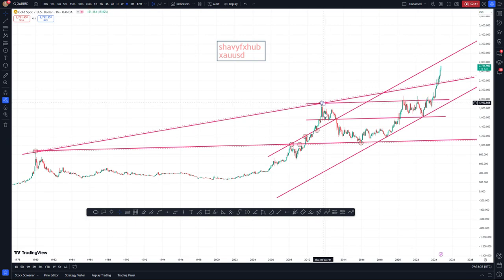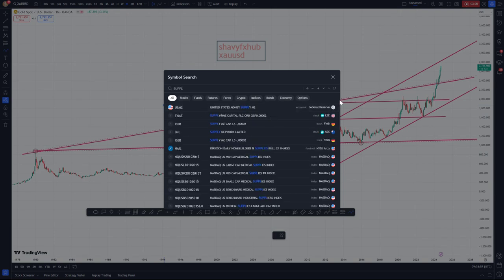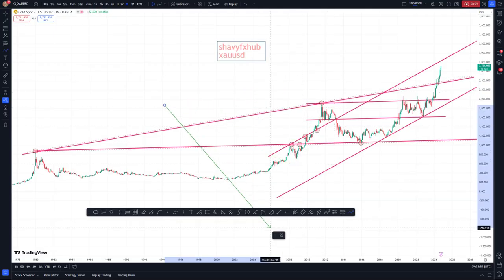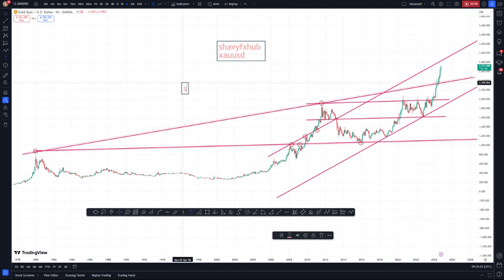The demand for gold dropped from August 2011. Price saw a very severe drop in the price and the demand of gold. So we are going to call this a supply roof, a monthly supply roof.